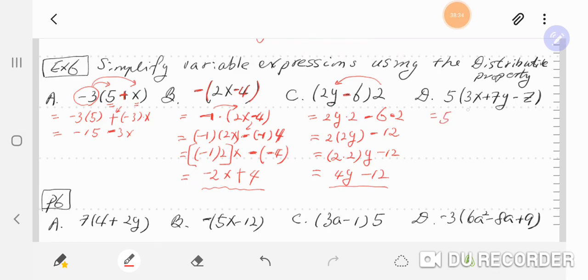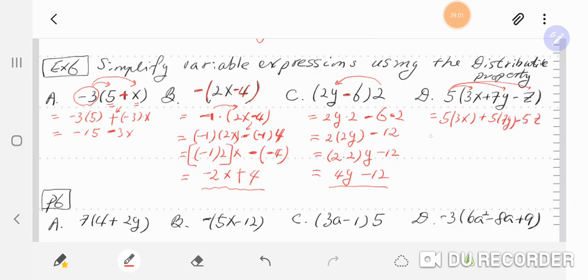Okay, how about this? 5 times. Always simplify the parentheses, but the parentheses contains x, y, z, right? So that means multiply 5 and 3x, 5 and 7y, 5 and negative z. So 5 times 3x, multiply 5 and 7y, minus 5 and z, right?